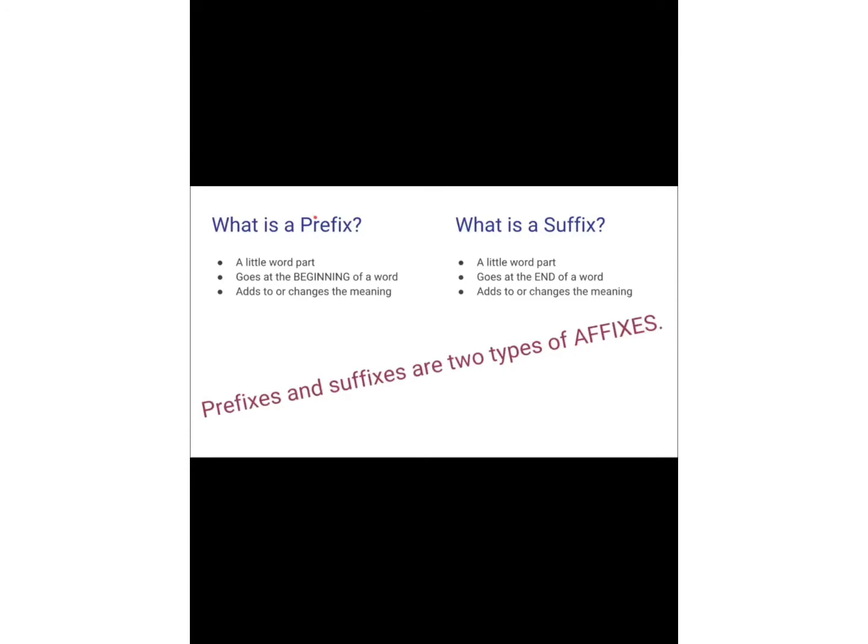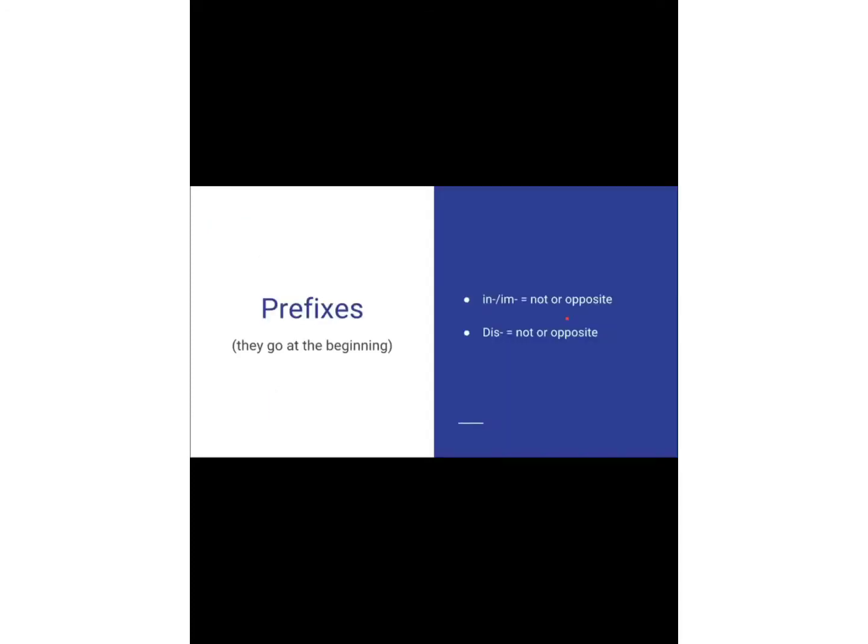Okay, so let's go through our prefixes in this unit that are very easy. Let's start with I-N and I-M. They mean not or opposite. So think of the word impossible. Something is possible means you can do it.